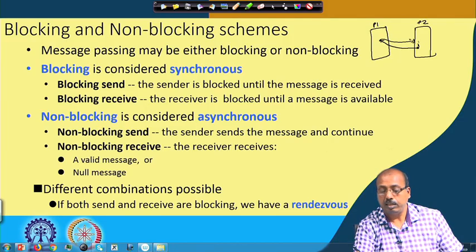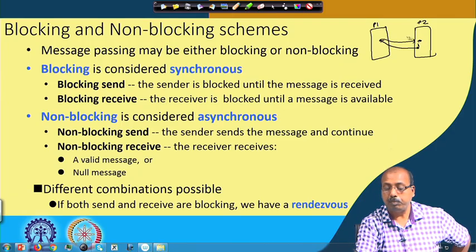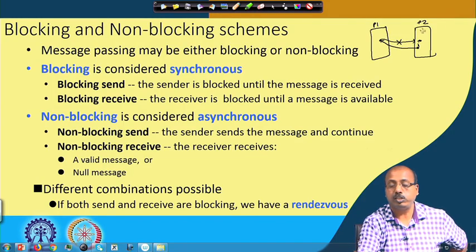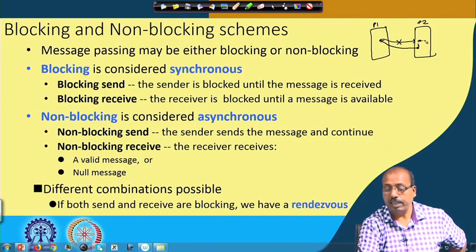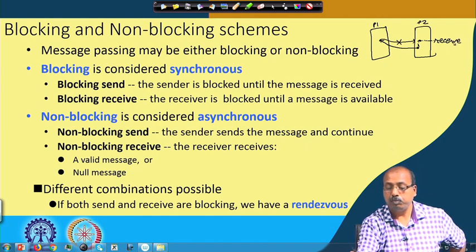Maybe P2 was executing and at this point it was expecting a message, but P1 has not yet sent it, maybe because P1 is slow or was not scheduled. So, when P2 executes a receive call, P2 is made to wait, since no messages are available.